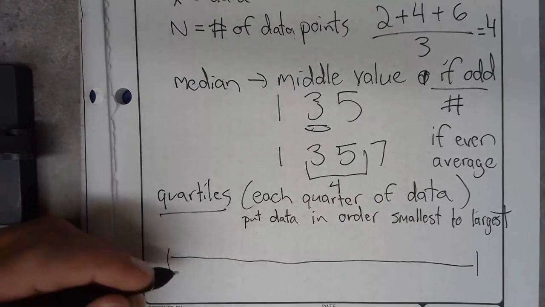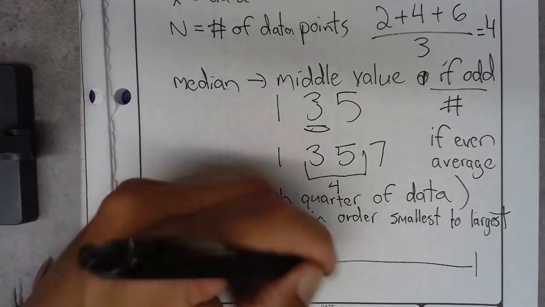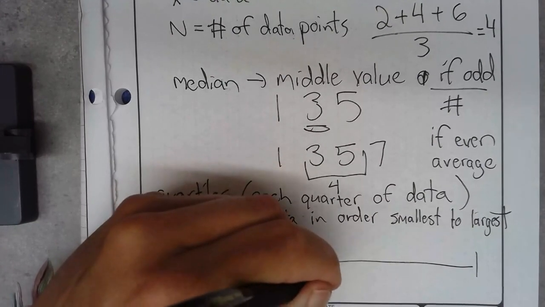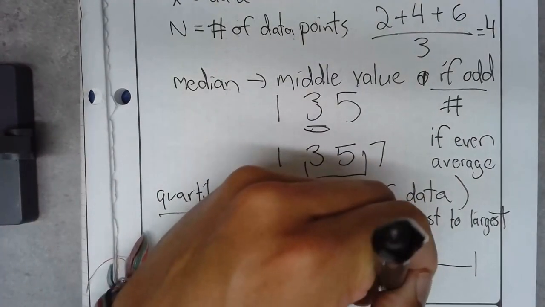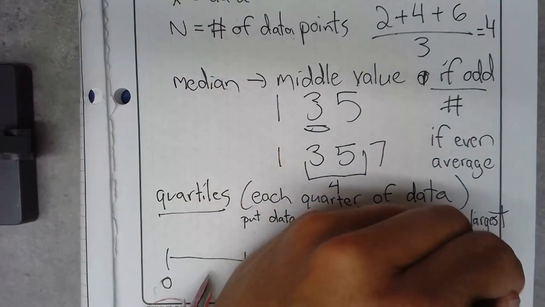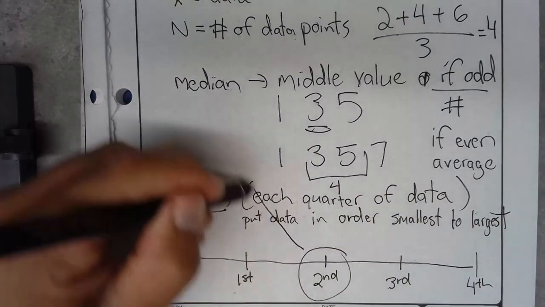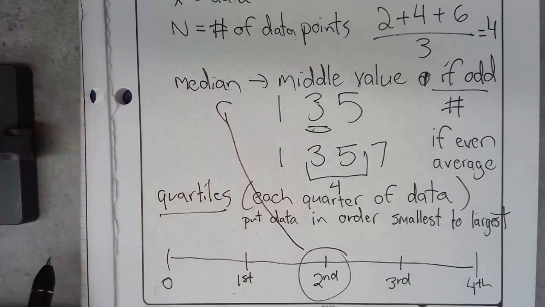And then basically what you have, think about it like a number line. All right. You would have 0, and then you'd have the first quartile. You'd have the second quartile, the third quartile, and technically the fourth. Okay. So the second quartile is the same as the median.